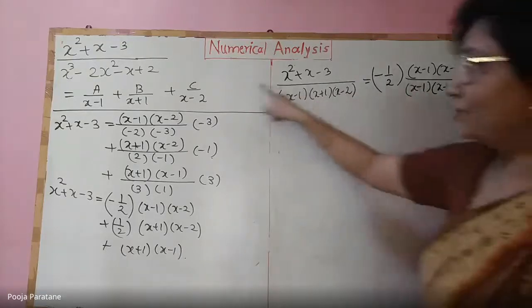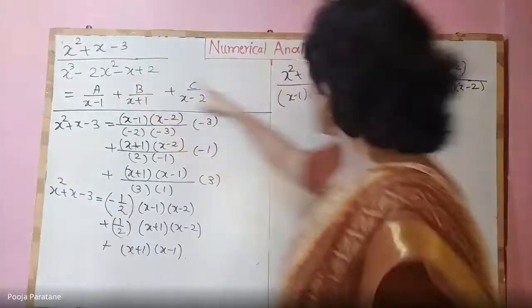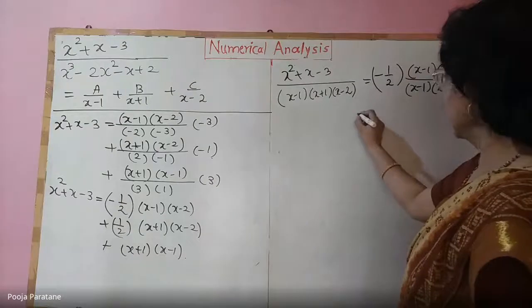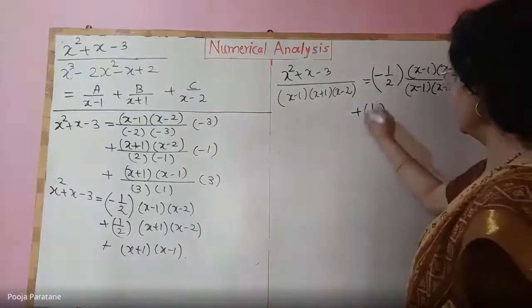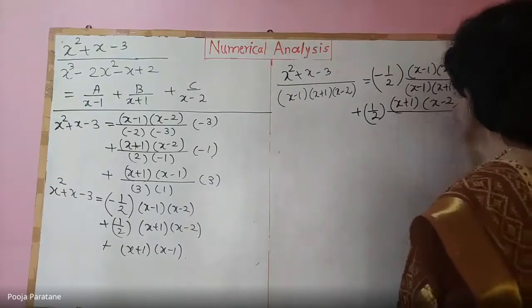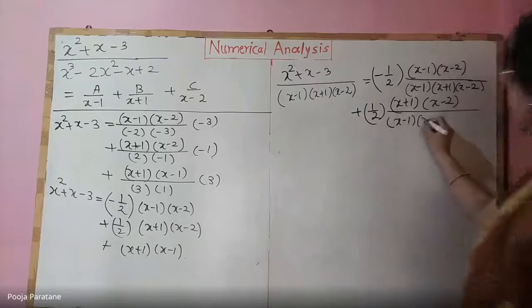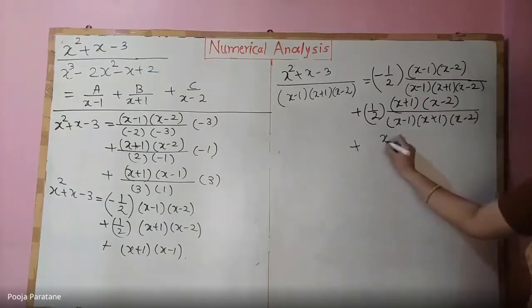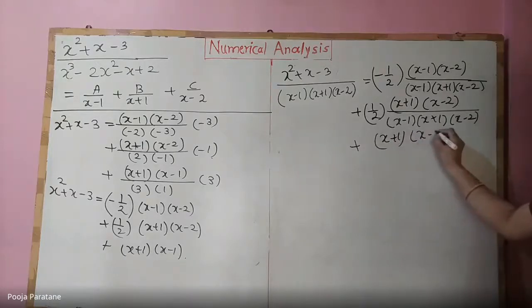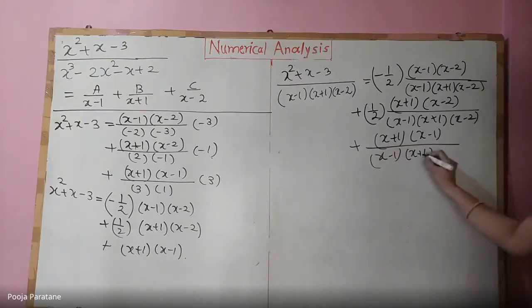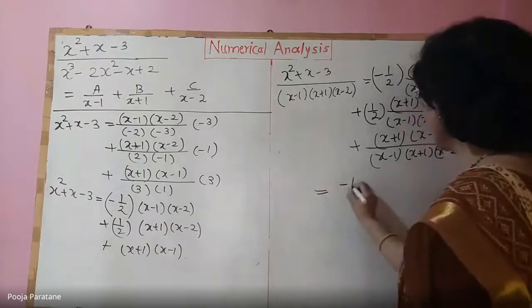What is the value of b here now? As we said, b is minus 1 upon 2. So plus 1 upon 2, x plus 1, x minus 2. And now the final answer is minus 1 upon 2.